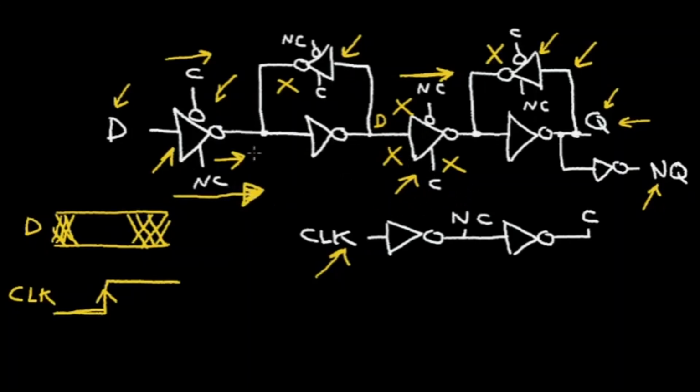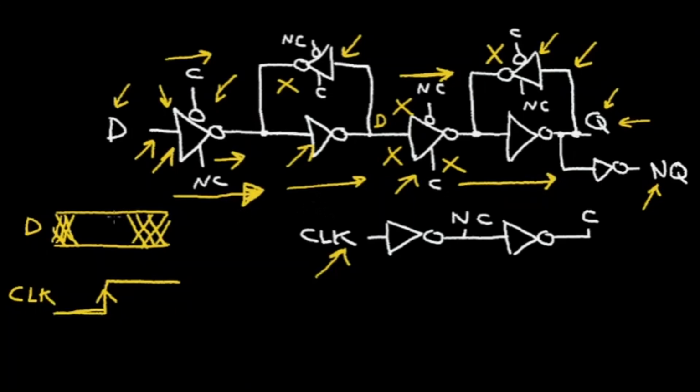It can't get any further than the two equivalent inverters, this being the first inverter, second inverter. But when the clock transitions high, what I do is I shut off the data source. I put this input tri-state driver in the off state, and I allow the input tri-state driver of the second latch to pass the data onto the Q and the not Q.